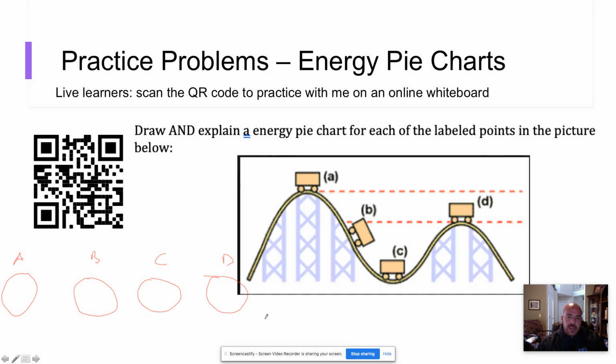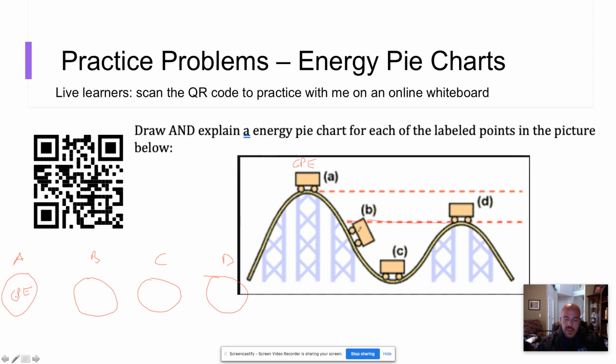All right, let's see how you did. Point A, it's at the top of the biggest hill. Not moving, so it has GPE. So point A, all it has is gravitational potential energy. All right, now you can see this line here represents halfway.